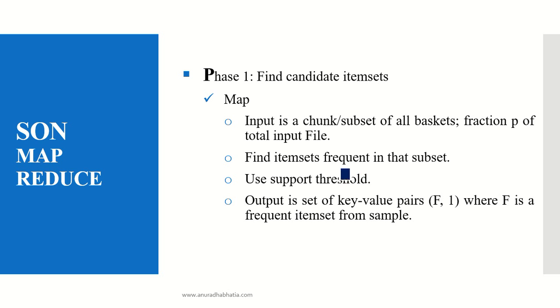If I have 8 transactions, I have to find out how frequently it is occurring. And we use the support threshold, which is calculated with the support given, the number of transactions and the number of chunks present. Output is set to the key-value pairs (f, 1), where f is the frequent item sets for each sample. So this will be calculated.